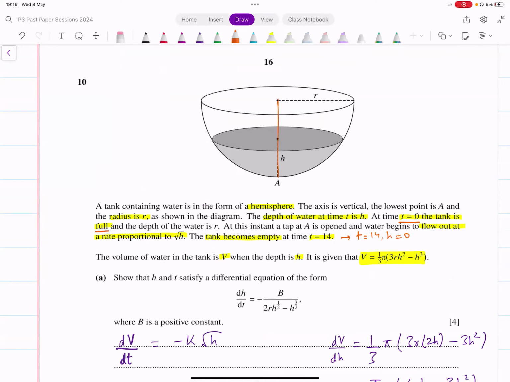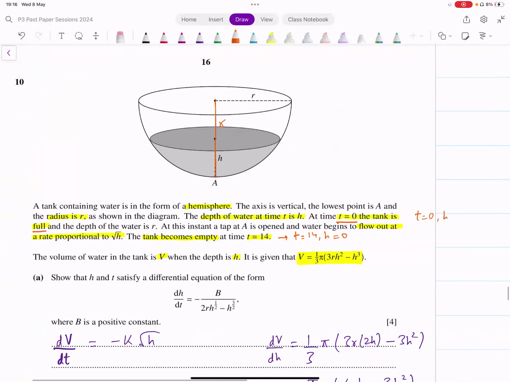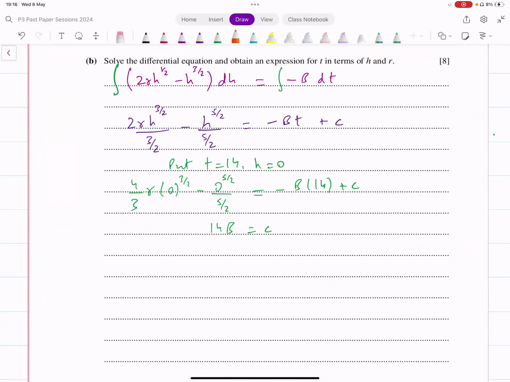The radius of the hemisphere was r. So the height of water is r at time 0. So at time 0, h is going to be equal to r. That's what you input here. Since you want your answer in terms of r, that's all right. Now let's input t equals 0 and h equal to r in this equation.